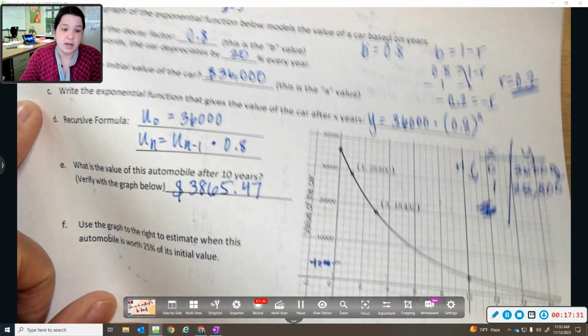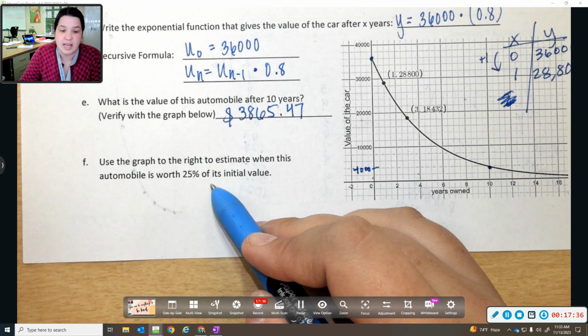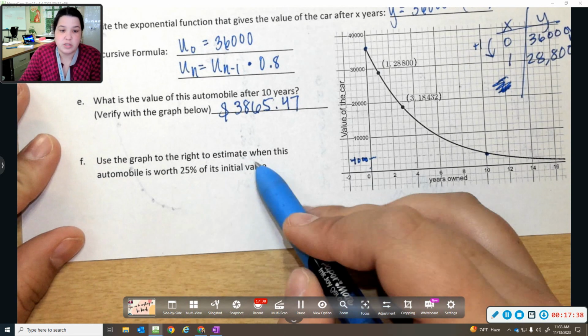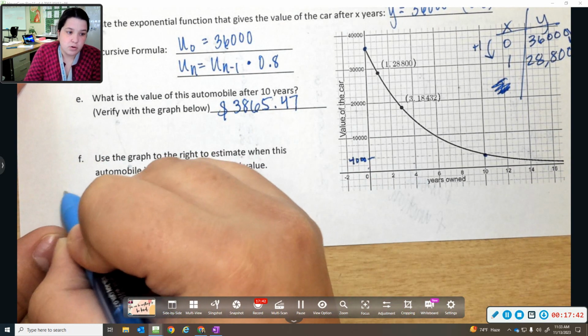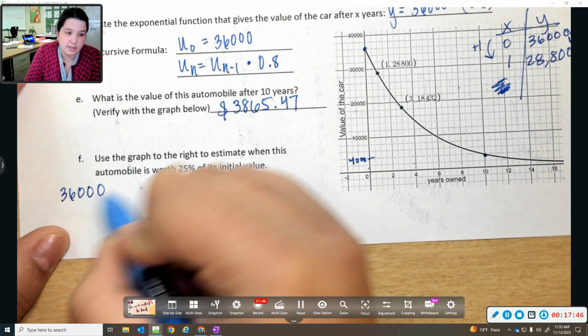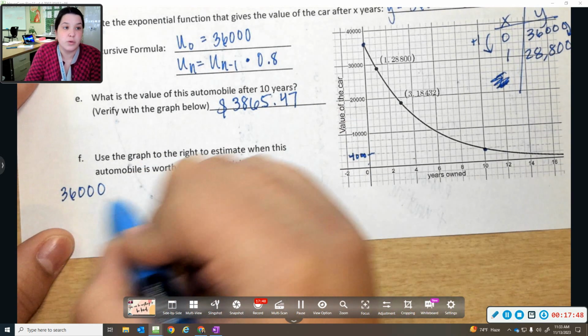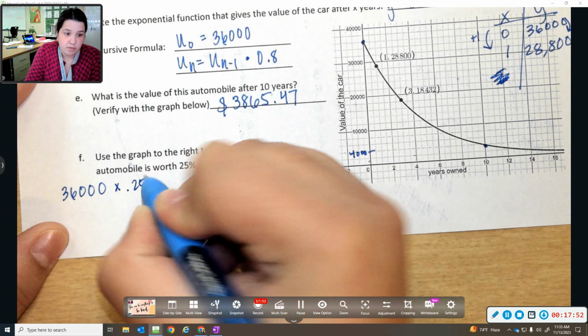Use the graph to estimate when the automobile is worth 25% of its initial value. Well, let's figure that out. So 36,000 is 100%. If we want to know 25% of this, let's multiply it by 0.25.